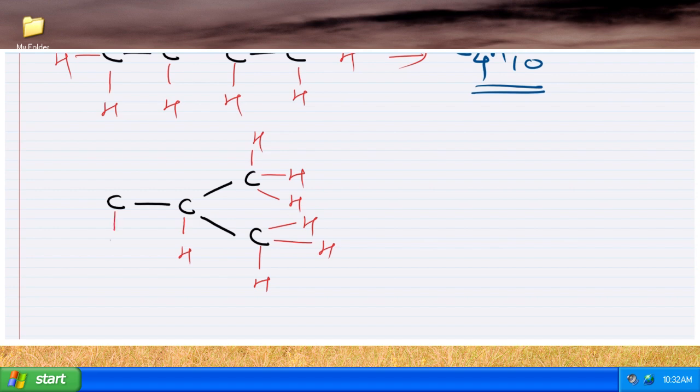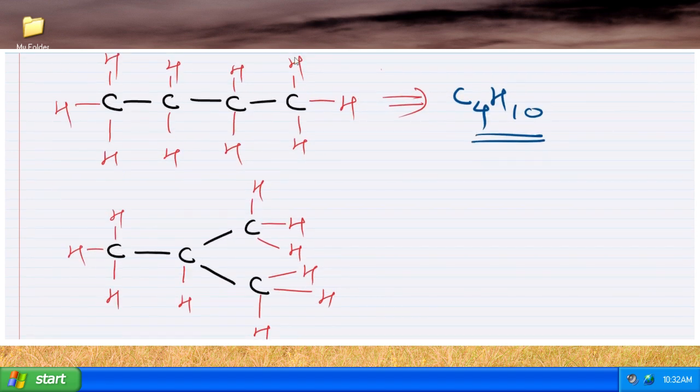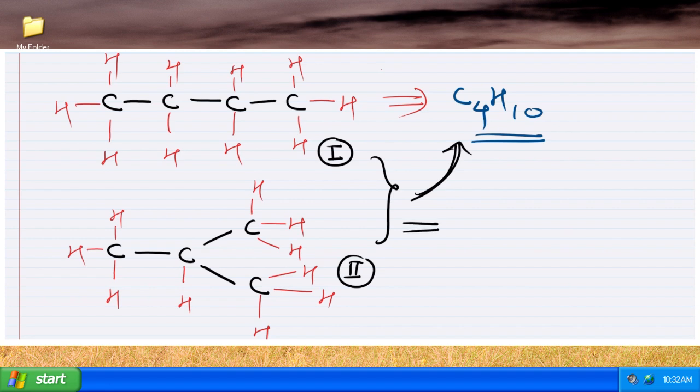Then here how many hydrogens? 1, 2, 3. Okay, so here we got two different types of structures. This is one and this one too, which are having the same molecular formula. Yes, C4H10, but they are having what?